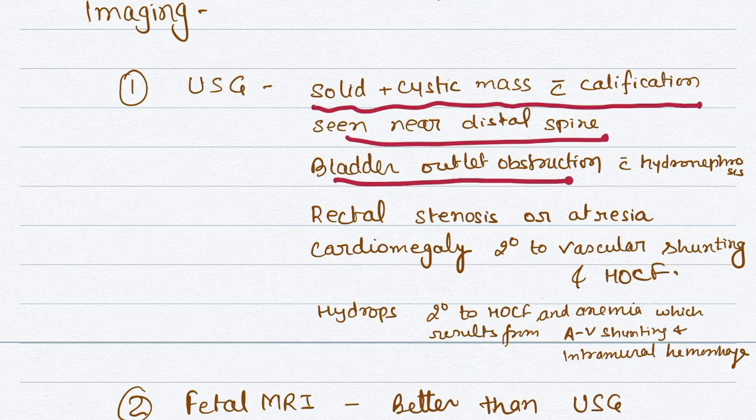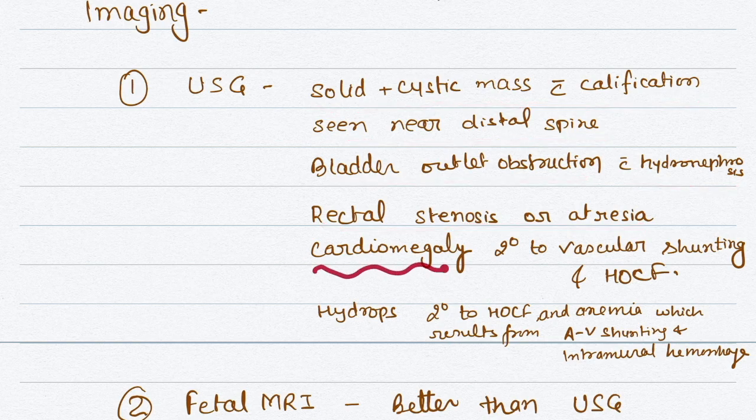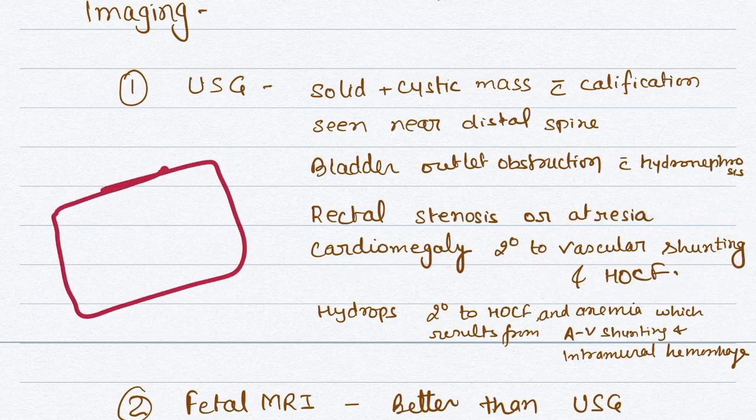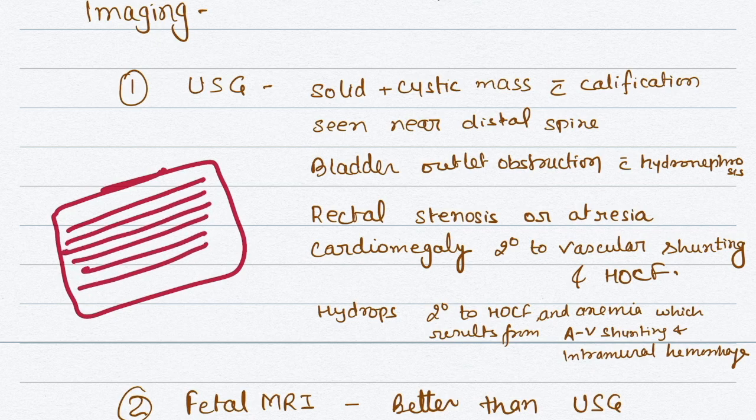Bladder outflow obstruction and hydronephrosis can also be seen. Rectal stenosis or atresia can also be present. Cardiomegaly secondary to vascular shunting and high output cardiac failure can be seen, because a teratoma can be highly vascular, so it causes vascular shunting.